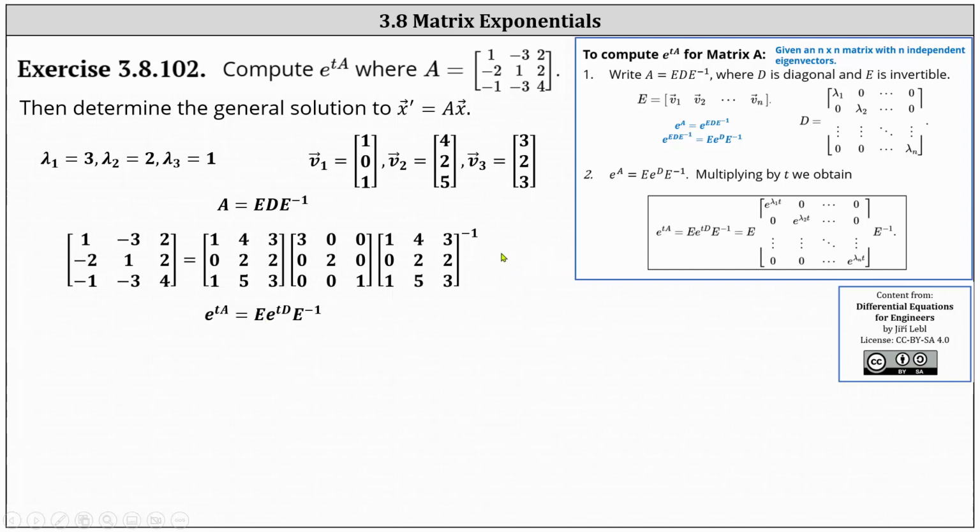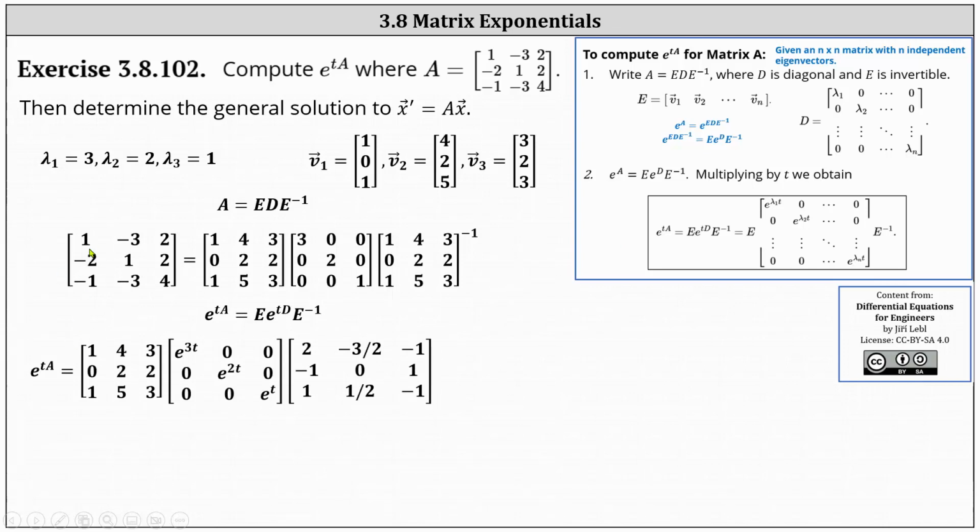So for step 2, the exponential e to the power of tA is equal to matrix E, and then the exponential e to the power of tD, which, because matrix D is a diagonal matrix, is also a diagonal matrix where along the main diagonal we have e to the 3t, e to the 2t, and e to the t, with all other entries 0. And then we have times E inverse, which I've already found here.